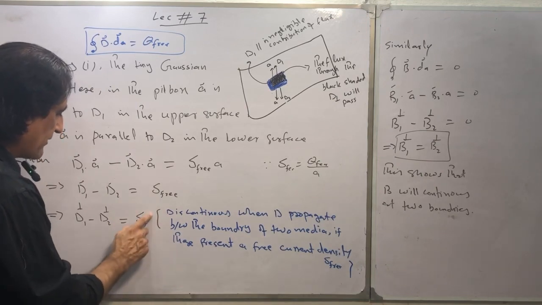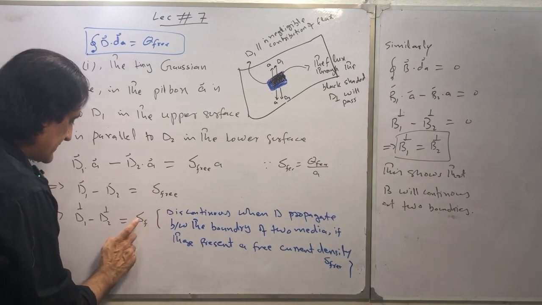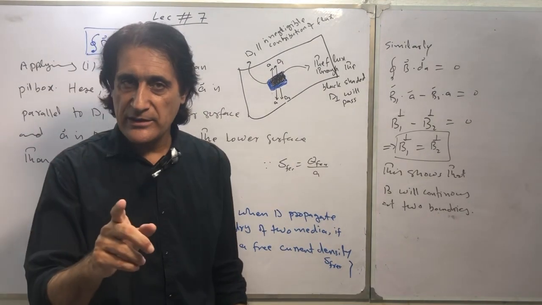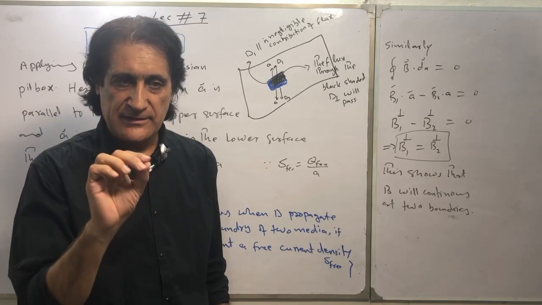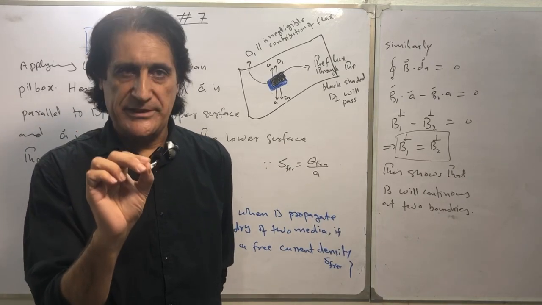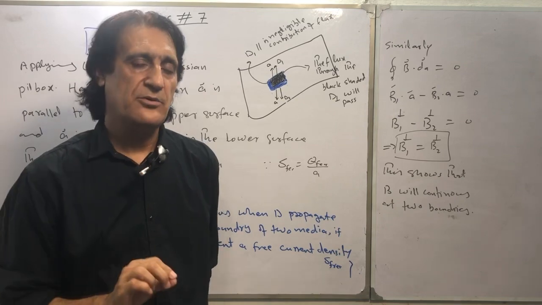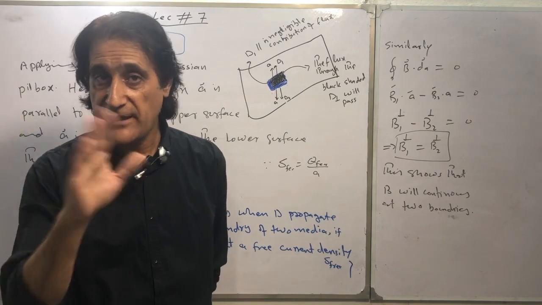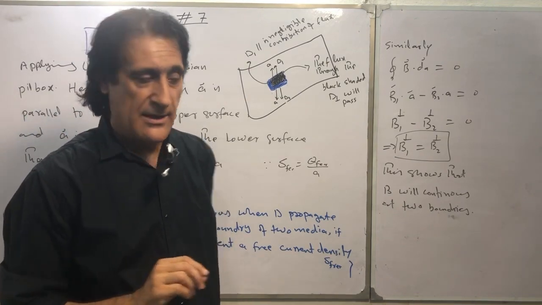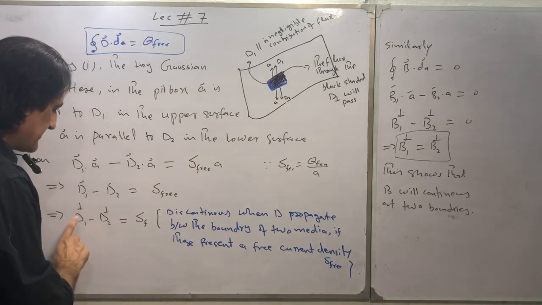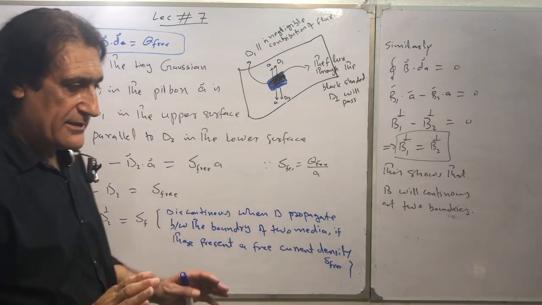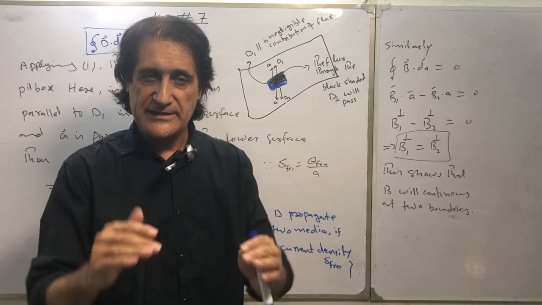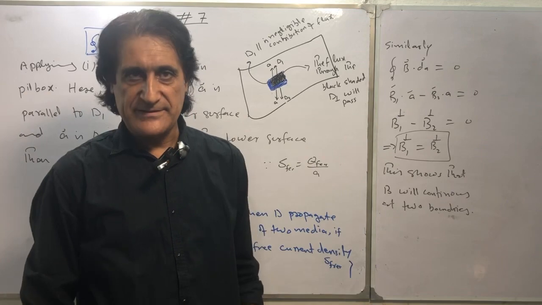If we have no free charge density, this is equal to 0, and D1 perpendicular must be equal to D2 perpendicular. Then the D perpendicular component will be continuous if sigma free is equal to 0. But now this is not equal to 0. It means that the D perpendicular component is discontinuous at the boundary between two surfaces.